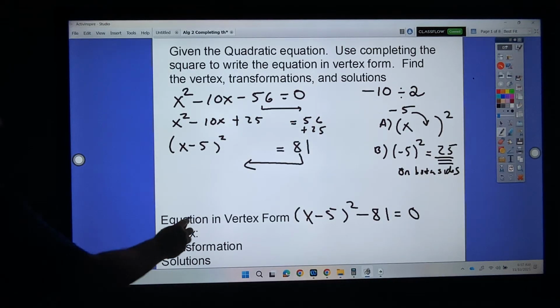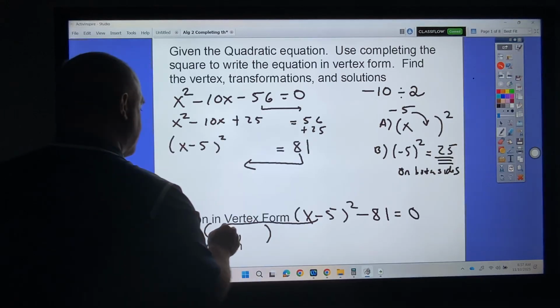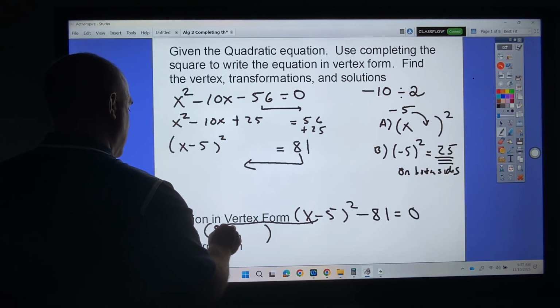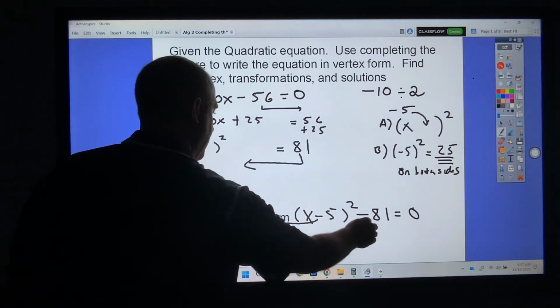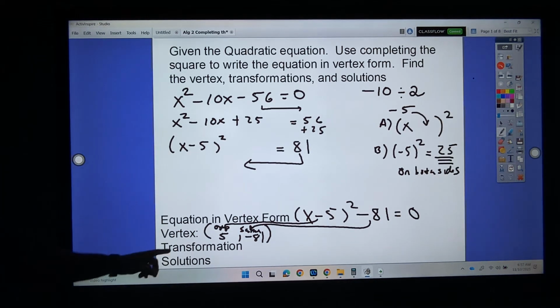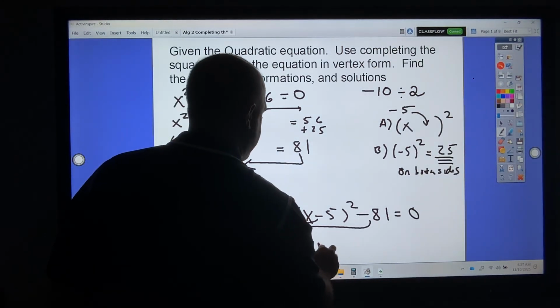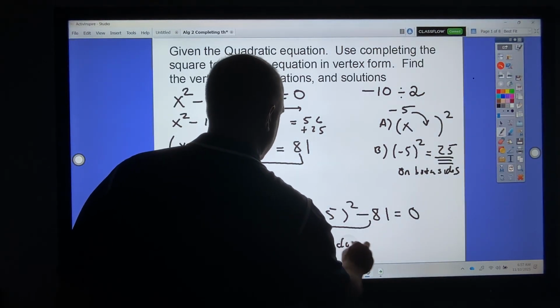Now, the vertex, very simply, when you do that, this is opposite. So that would be positive 5. This is the same, so this is negative 81. Now, the concept of the transformations is basically how do I plot the vertex?